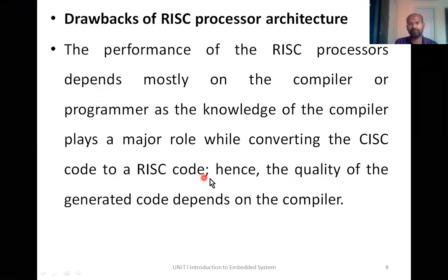If the compiler adds unnecessary instructions, if it doesn't produce nice, optimized code, then it executes a little slower. So the quality of the generated code depends on the compiler.